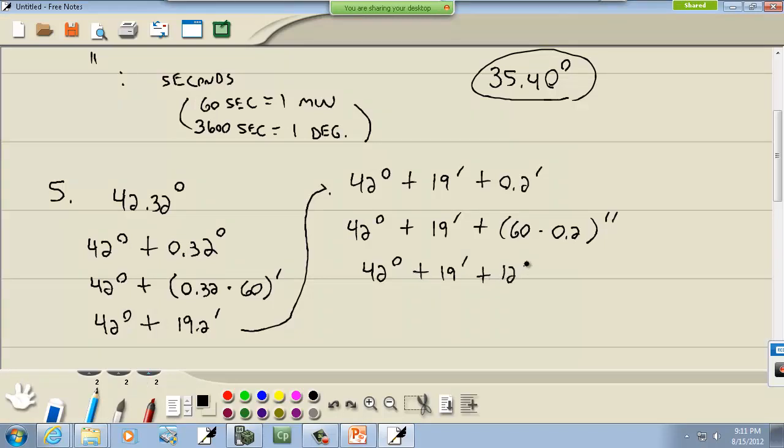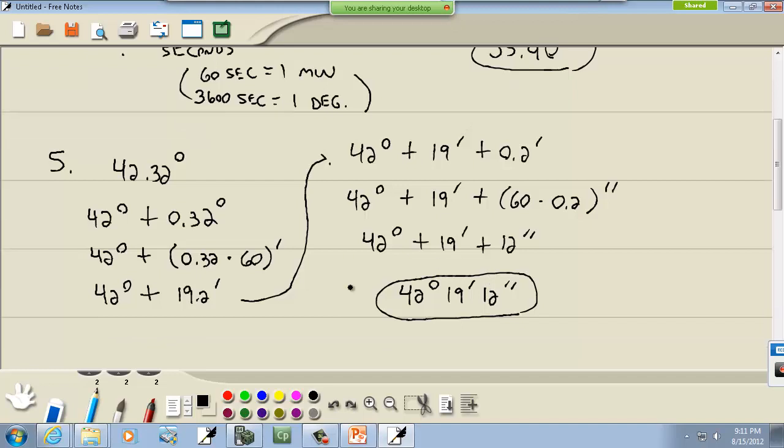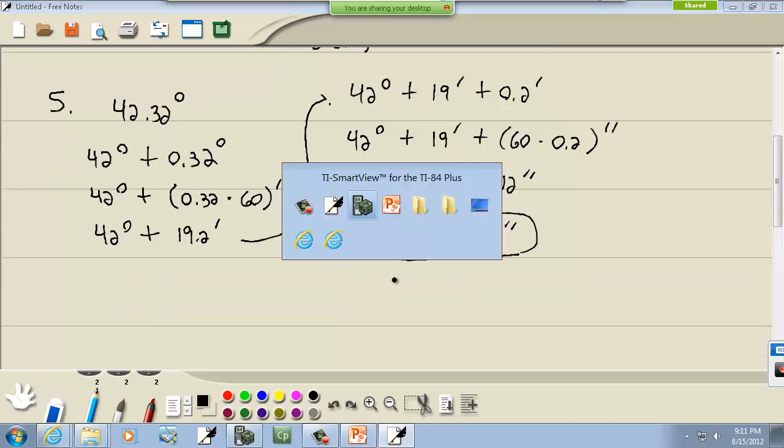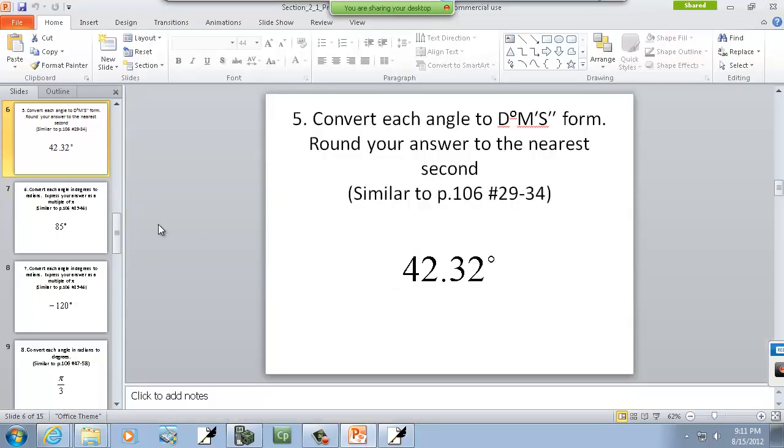Okay. Which means our answer here is 42 degrees, 19 minutes, and 12 seconds. I didn't have to do any rounding there because it came out perfect, which is weird because I made that number up. I didn't actually work this problem ahead of time. So weird it came out nice.